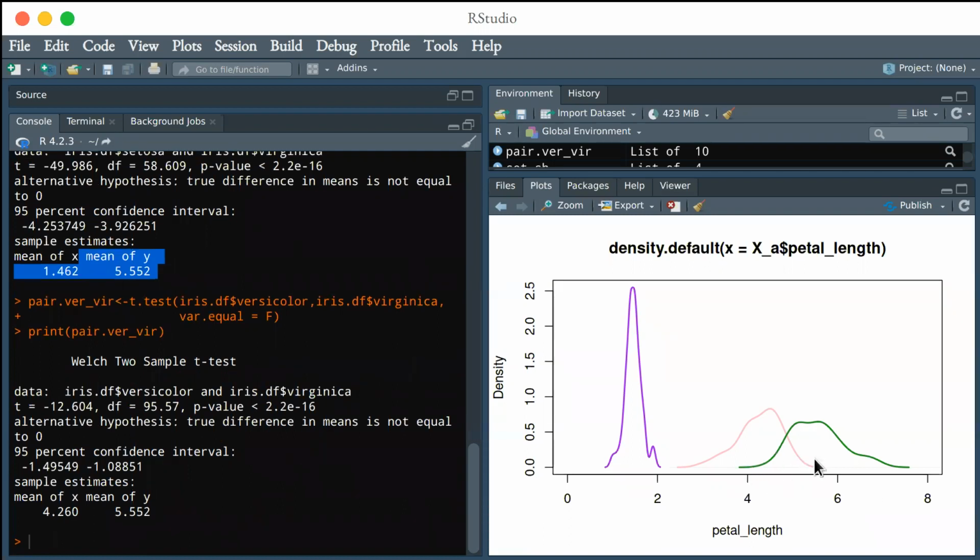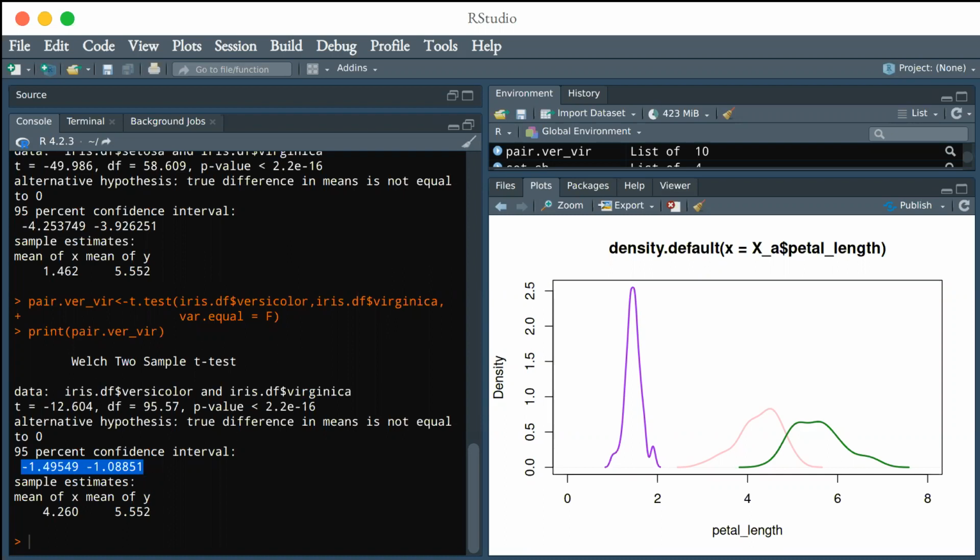is that different? Are they different? They are different as well. So every single pair has different means. Average of setosa is different from average petal length of versicolor and virginica, and these two, one in pink, one in forest green, versicolor and virginica averages are also different.